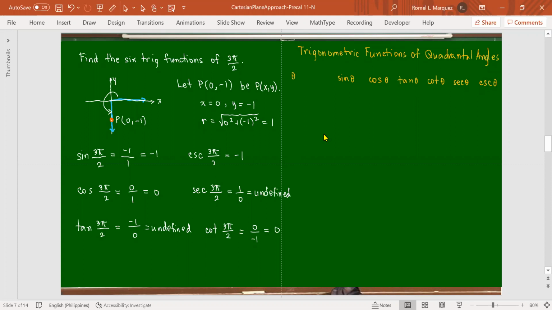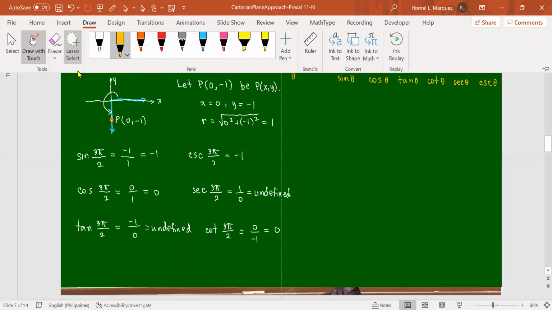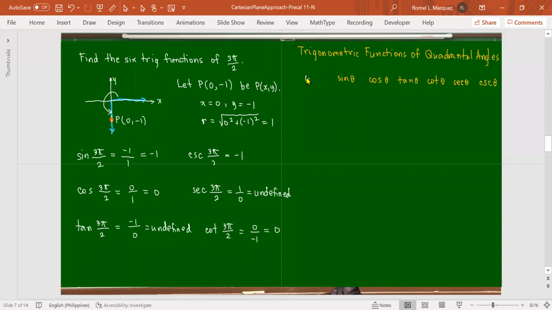So what is our theta, guys? Let's start with 0 degrees, or 0 radian.